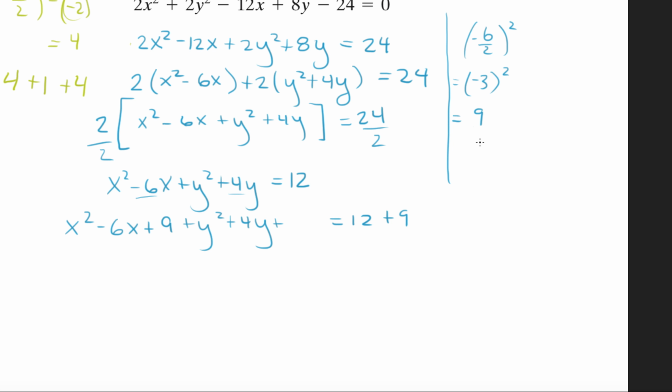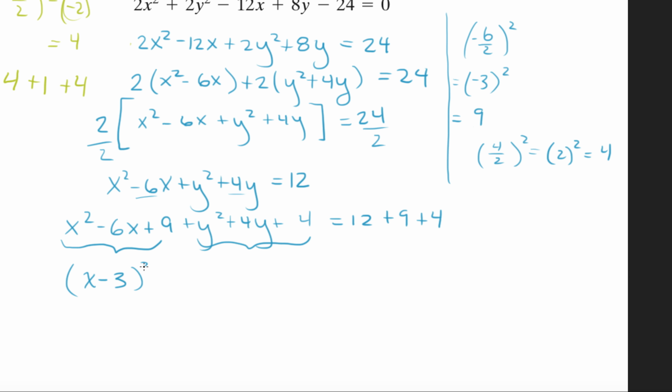And for y, we have 4 over 2 squared, which is 2 squared, which is 4. So we're going to add 4 on both sides. Okay, now this factors and this factors into perfect squares. Remember, it's going to be the number that you have here before squaring, so b over 2.